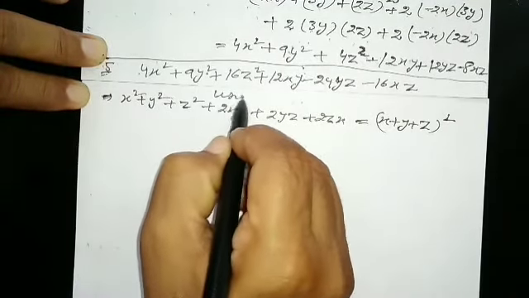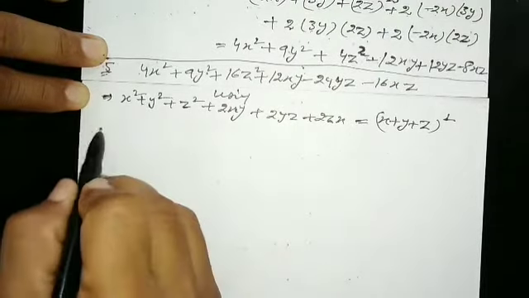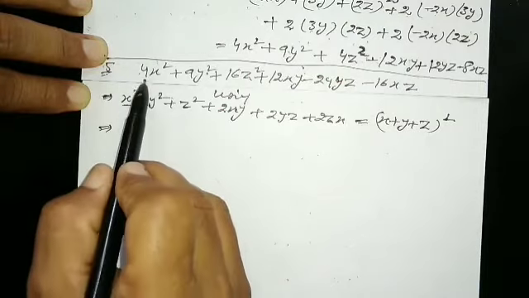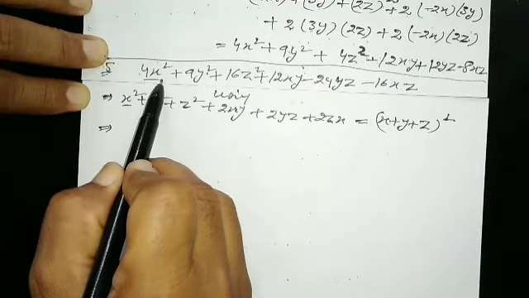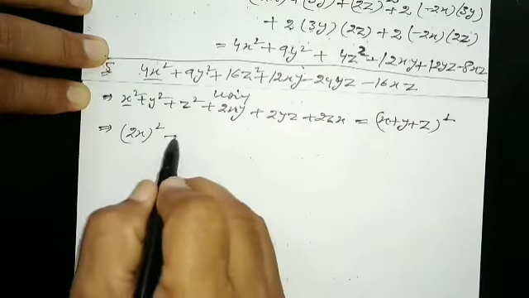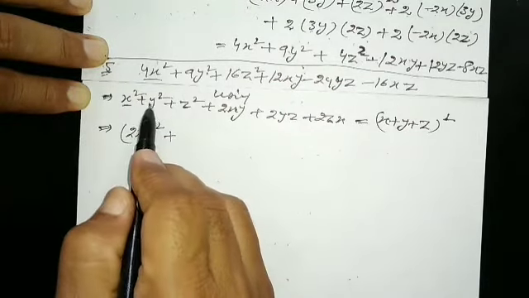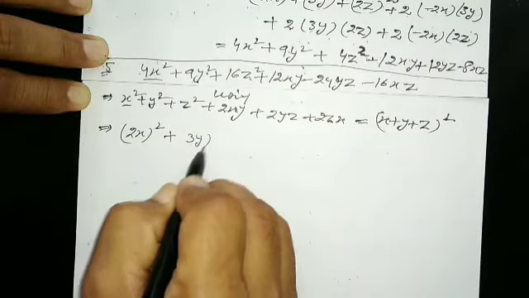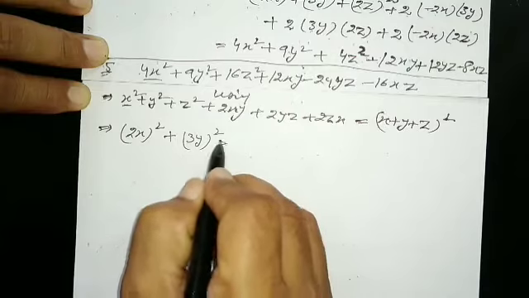Means we will use this. Now this is square of first term, and the first term is 4x square, so we can write it as square of 2x. This is square of second term. What is second term? That is 9y square, and we can write it as 3y whole square.